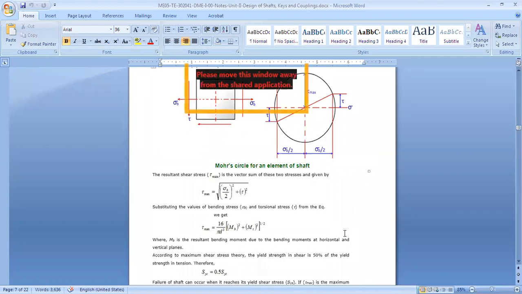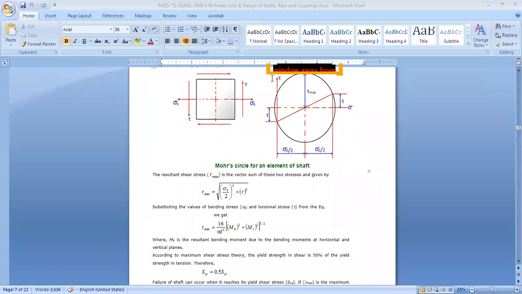In that numerical, we were designing a shaft, which means finding the diameter of the shaft, because a shaft is generally a rotating member with a circular shape. So finding the diameter is the design of the shaft.